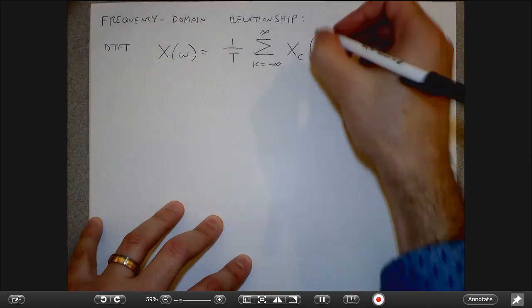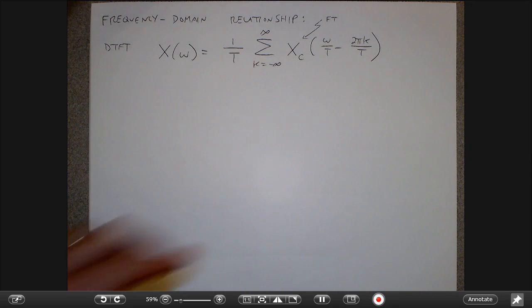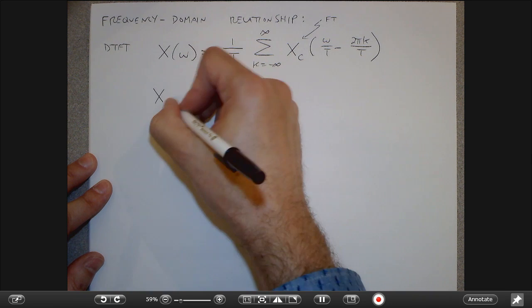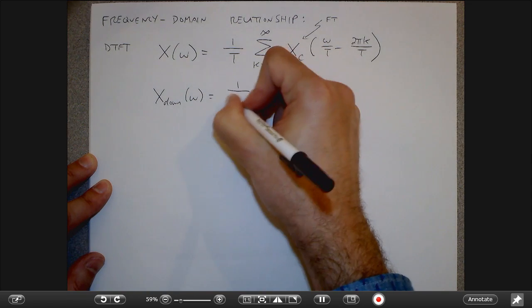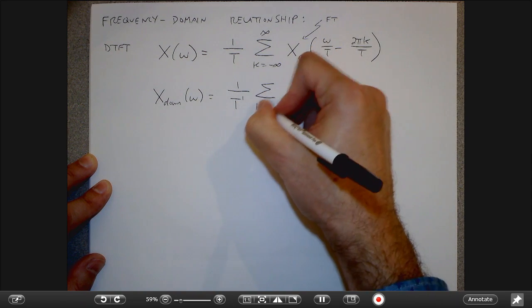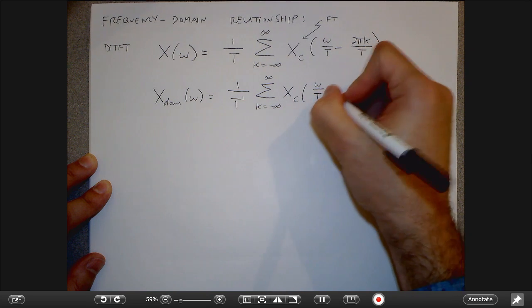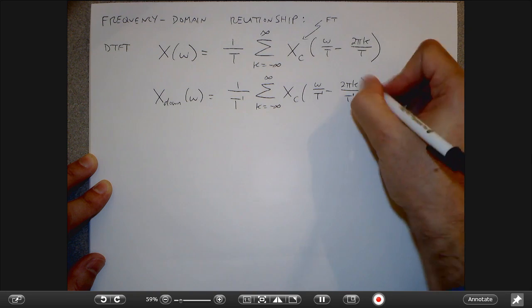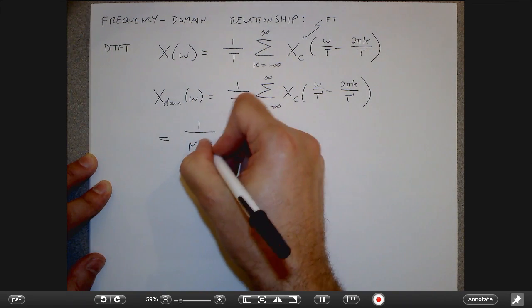So here, this is the Fourier transform of the continuous time signal. And then what I want is a Fourier transform that looks like this, but sampled at a different rate. So this is kind of what I want. This is T prime.